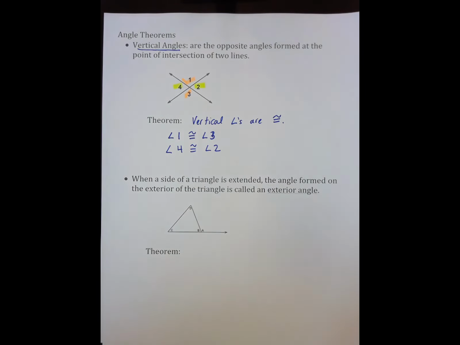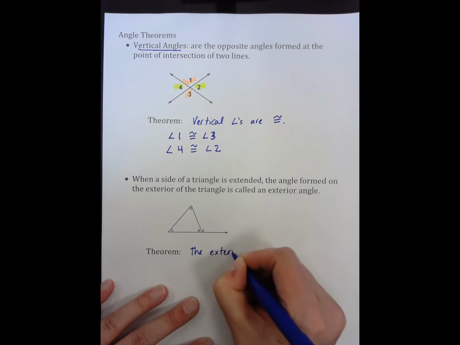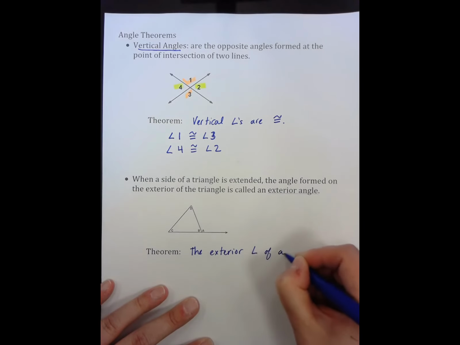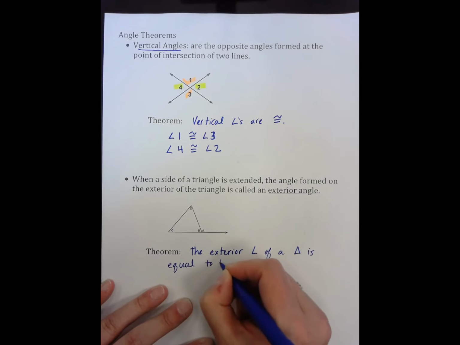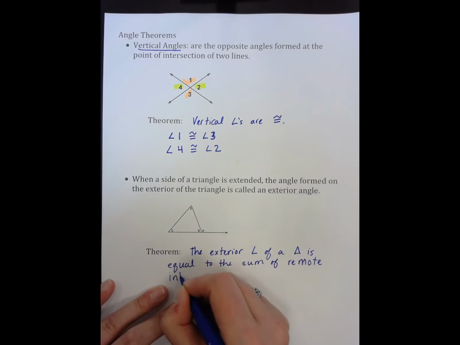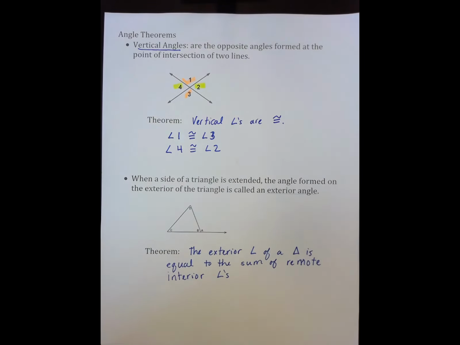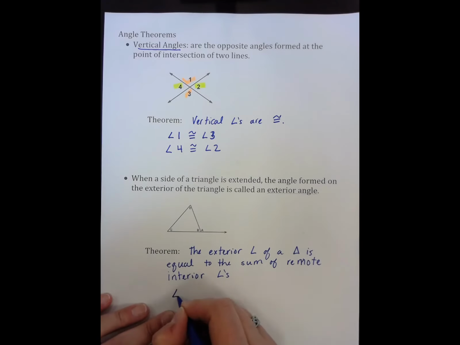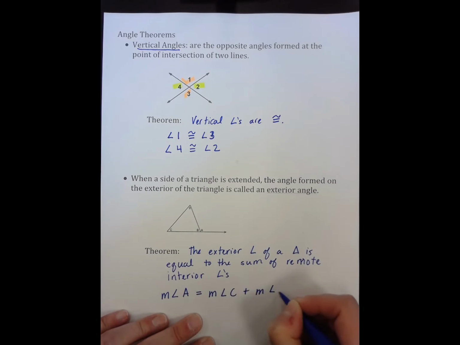And it turns out that our theorem says that the exterior angle of a triangle is equal to the sum of the remote interior angles, which, if I'm using a diagram, becomes a little bit clearer when I simply say that the measure of angle A is equal to the measure of angle C plus the measure of angle D.